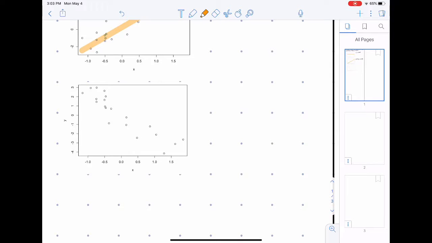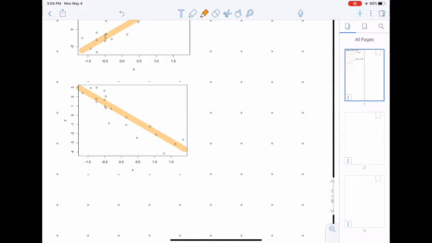So here's another picture. In this case, when the x values are low, over here on the left-hand side, we see that the y values are high. And when the x values are high, the y values are relatively low on the right-hand side. That's what we're seeing inside this plot. So if we were to draw the line that best fits through these points, and they are approximately lying on some line, you might draw a line like this.